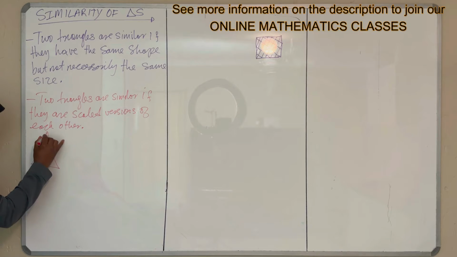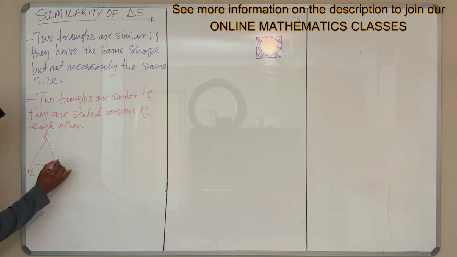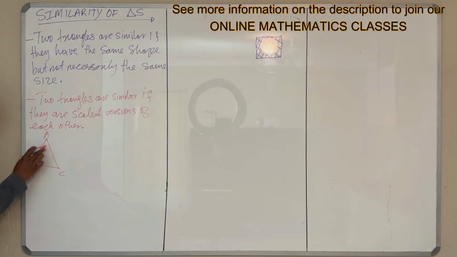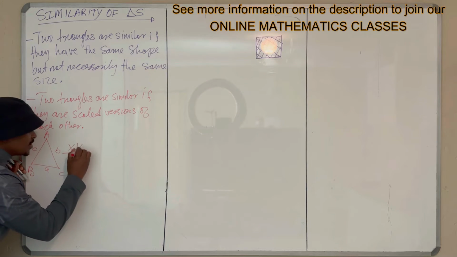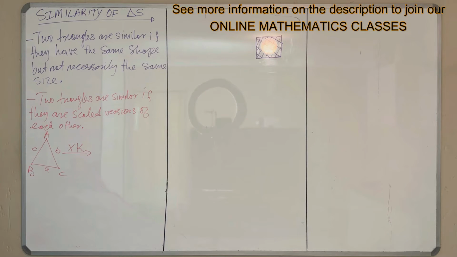Let's call it ABC. In trigonometry we say this is small letter a, this is small letter b, opposite B, and this is small letter c. Let's suppose that this triangle is multiplied by a factor K, where K is a real number, of course, a positive real number.